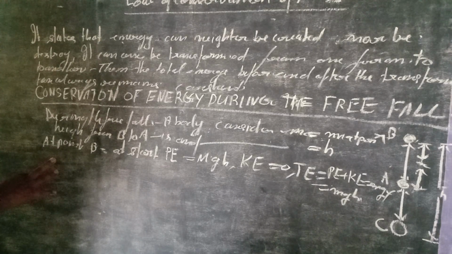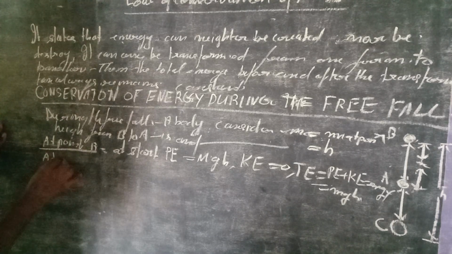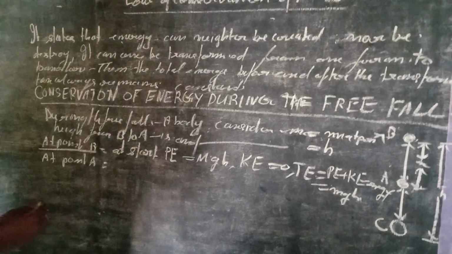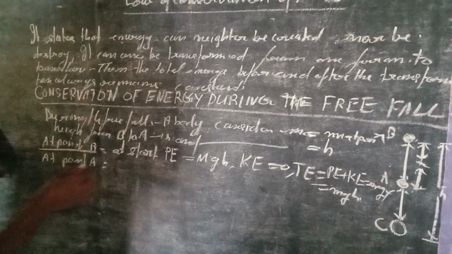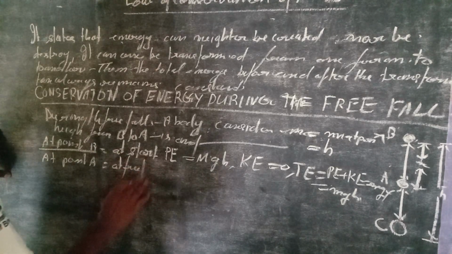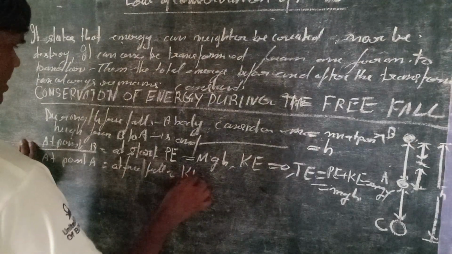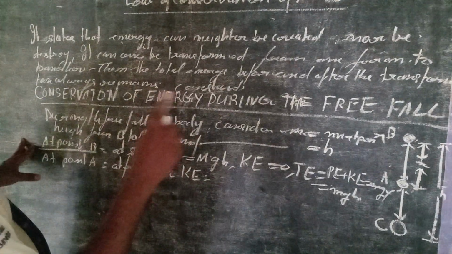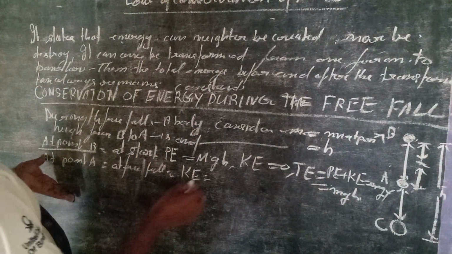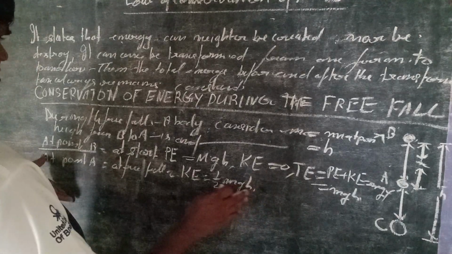So what will the total energy be at point A? At point A, at free fall conditions, potential energy transforms into kinetic energy.